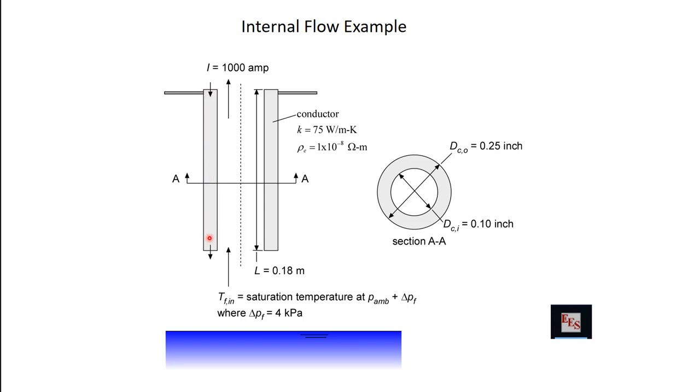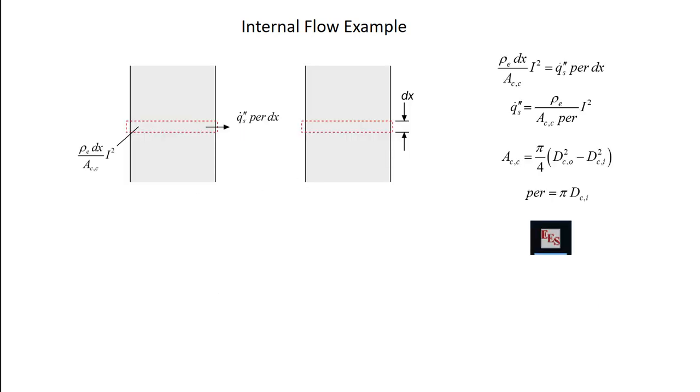At the end, I'll come back and look at whether that was a good assumption or a bad assumption, and I'll do that with thermal resistances, because that's always how you look at these assumptions. The other assumption is that just like I'm modeling the conductor with constant properties, I'm going to model the fluid as having constant properties. Two assumptions that could be relaxed to make the model a little better, but that's the way we're going to go for now.